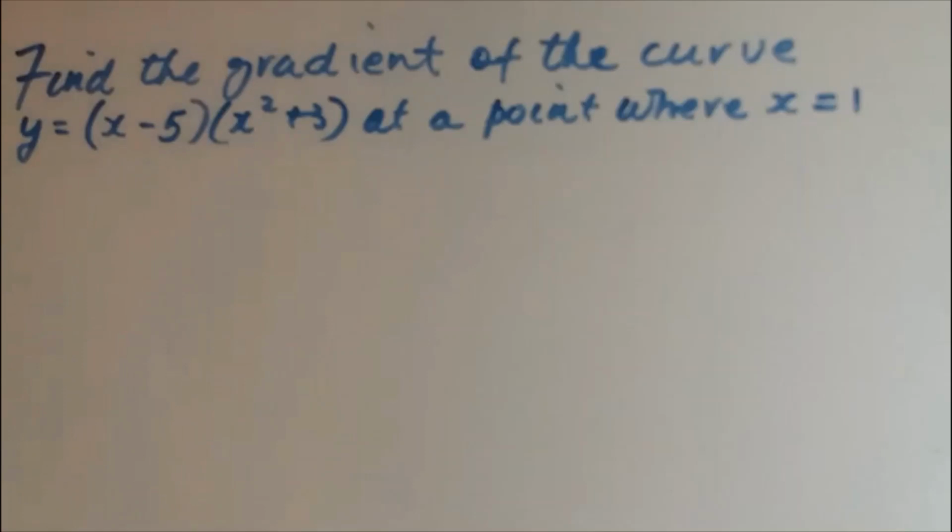Hi, we need to find the gradient of a curve. y is equal to x minus 5 brackets times x squared add 3 brackets at a point where x is equal to 1.